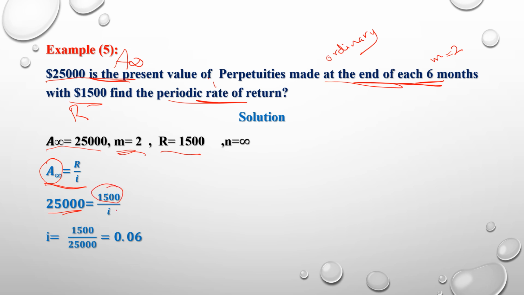So he's asking about I. So I equals R over A infinity. And this equals 6%. So the periodic rate of return is 6%.